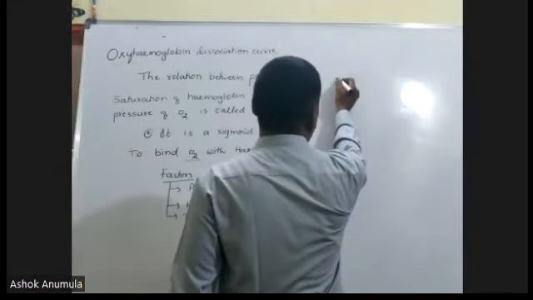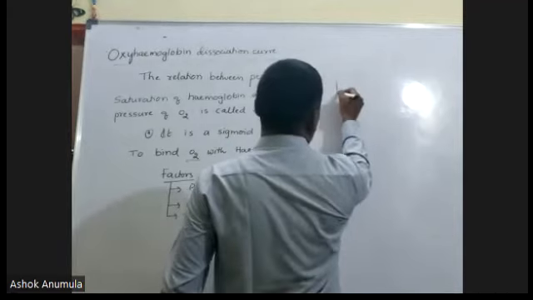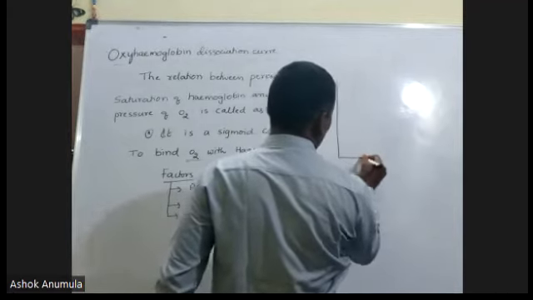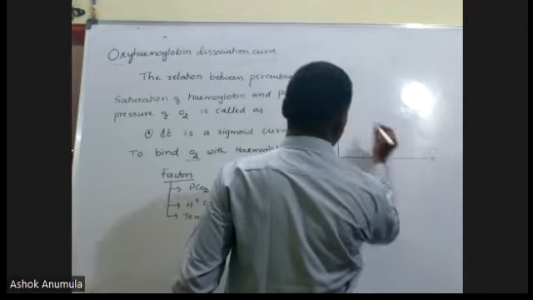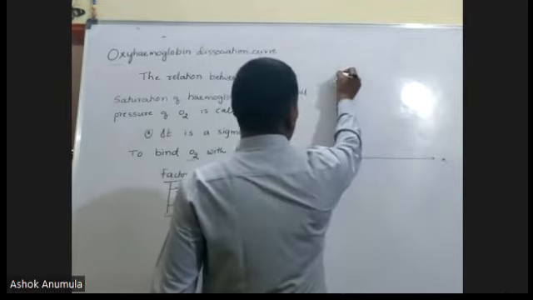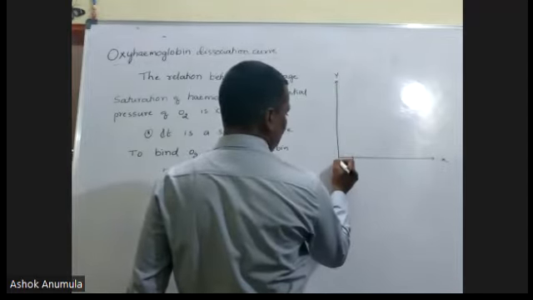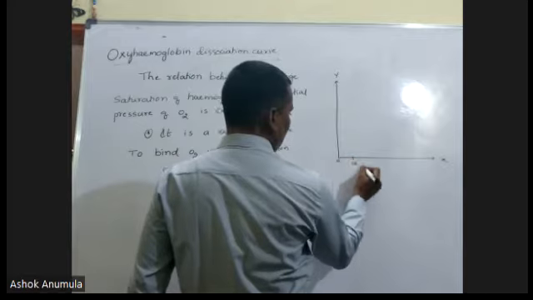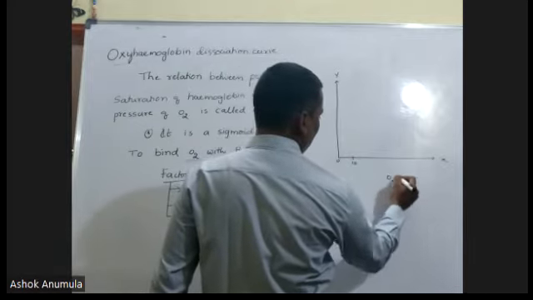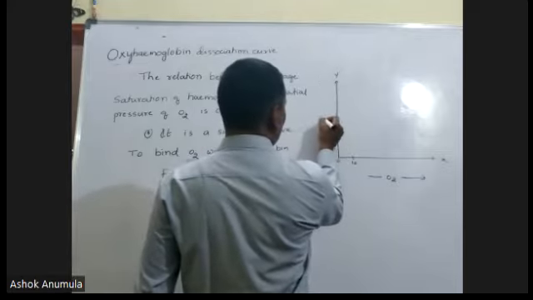There are the x-axis and y-axis. Above the x-axis, this is the oxygen O2, and here you can take CO2.